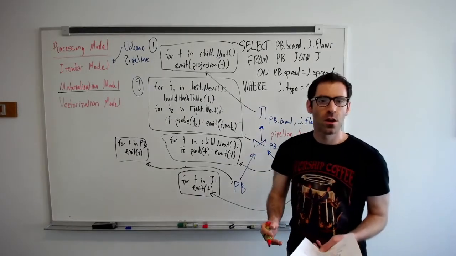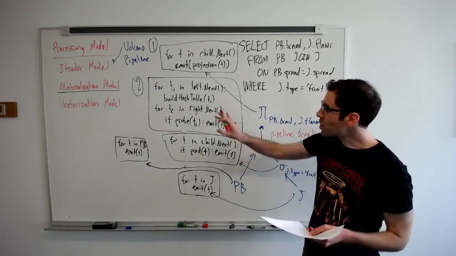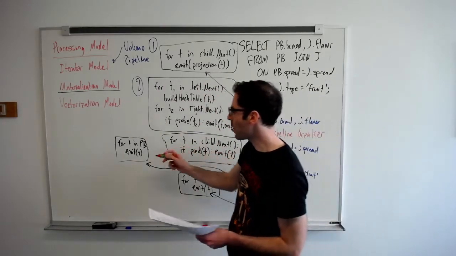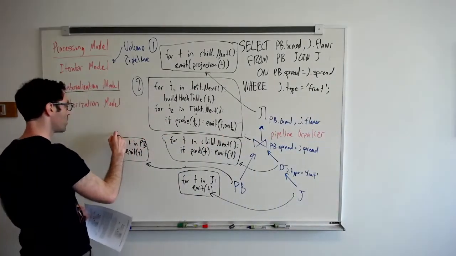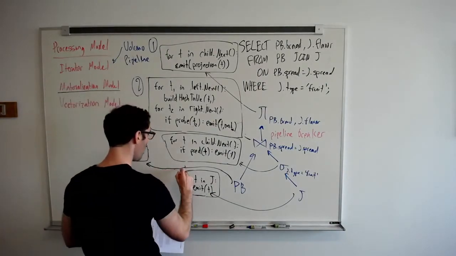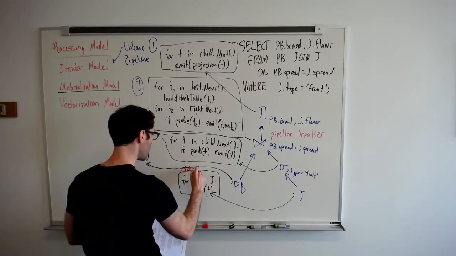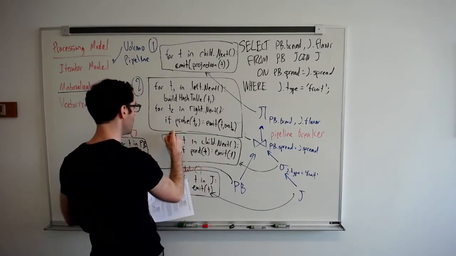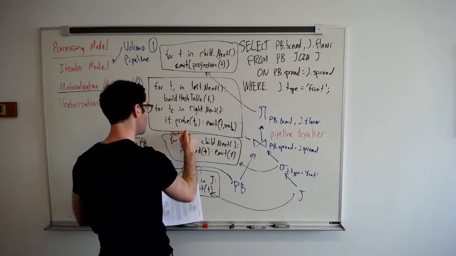All right, so the key thing that's going to change in this pseudocode for this materialization model is that we're actually going to have a buffer for all of our operators. So some empty list, something like that, to start out.